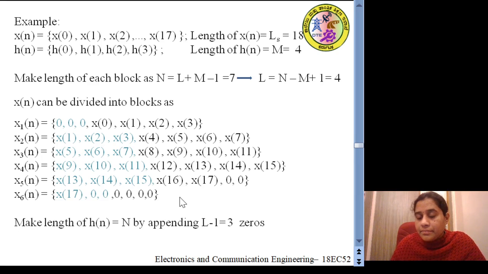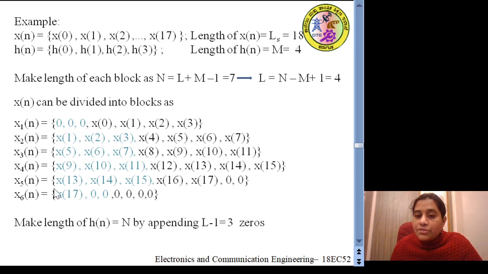What's the next step? After dividing the long data input sequence into a number of blocks, we have to take the impulse response whatever they have given, and we have to check the length of h of n. We have to make the length of h of n equal to the length of the block, that is n, because we have to convolve these two.